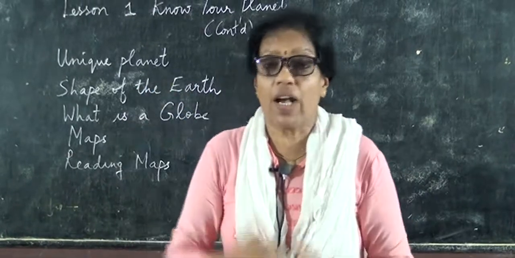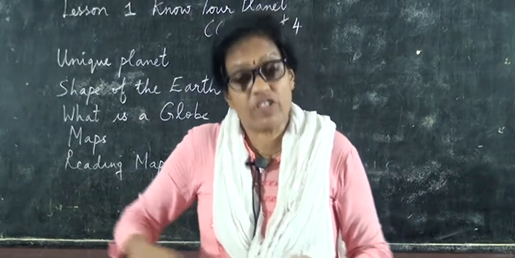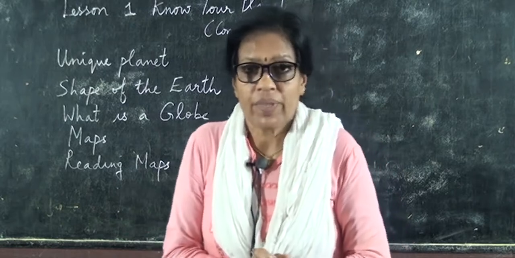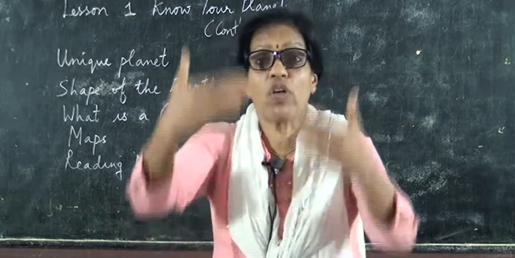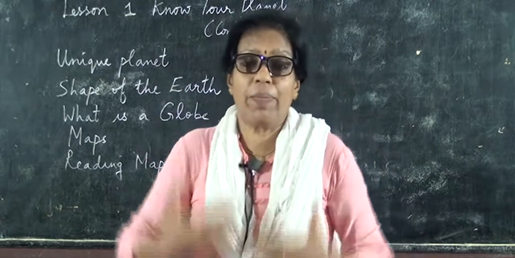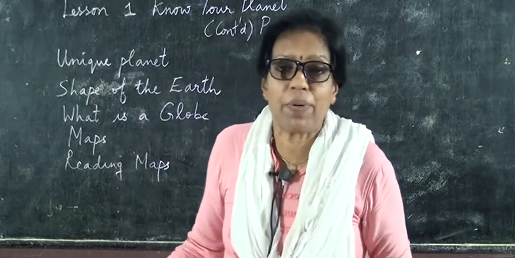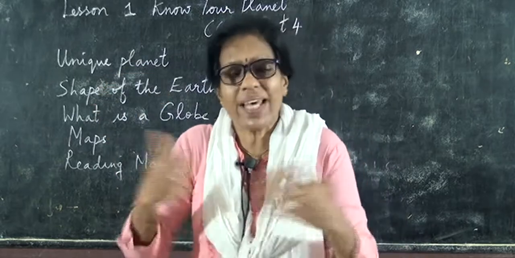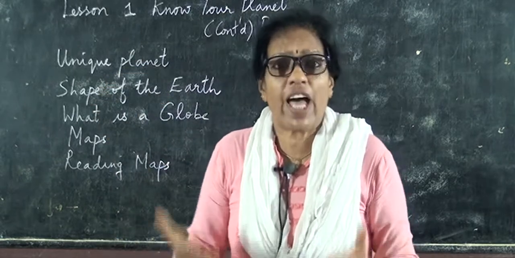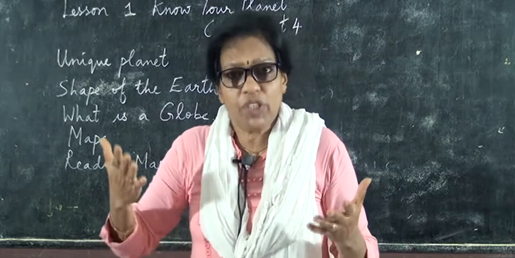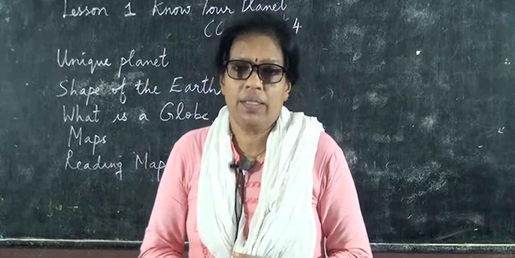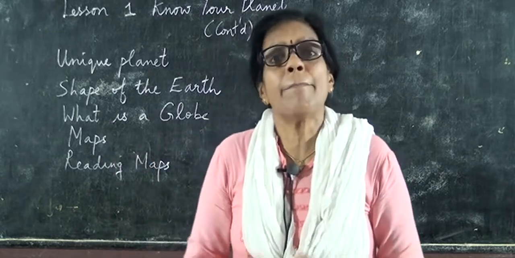But on a globe we can't do it. In the same way, it is difficult to carry also. And with a globe only one side of the continents can be seen, the other part we won't be able to see at one time. So there are several reasons why we are not able to use a globe to learn. So that's why we are using maps.